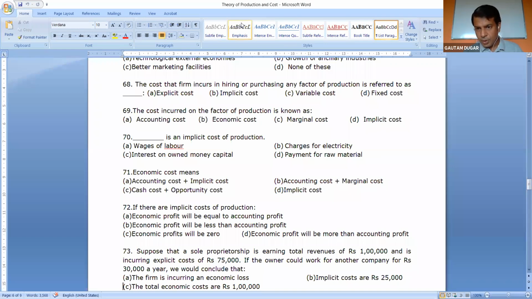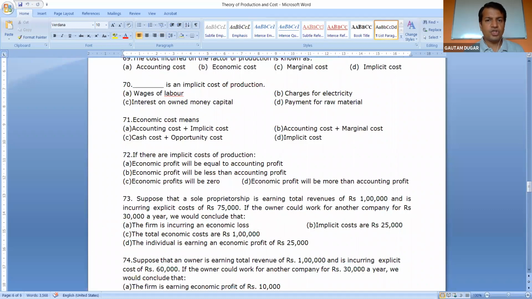Screen is creating a problem. Yeah, 70. Dash is an implicit cost of production. Obviously, interest on owned money capital. That is an implicit cost. That is called explicit cost. 71. Economic cost means obviously accounting cost plus the implicit cost. So 71 is A.